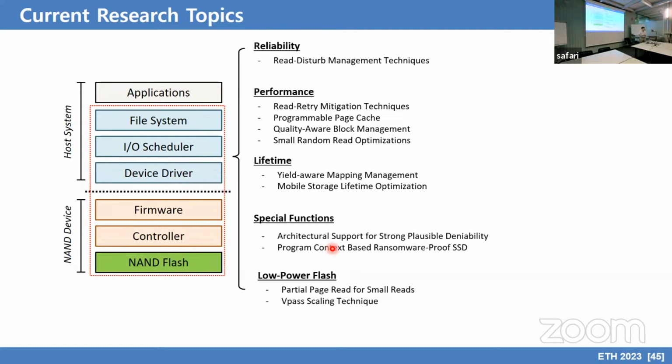The only way you can meet high-bandwidth host requirements is parallelism, because we cannot make fast flash. So we have to process more IO requests at the same time, and then the power budget becomes an issue. So we are looking at the low power aspect of flash and SSD as another topic.